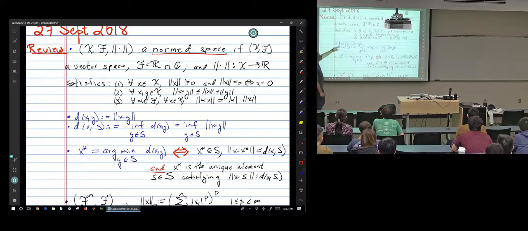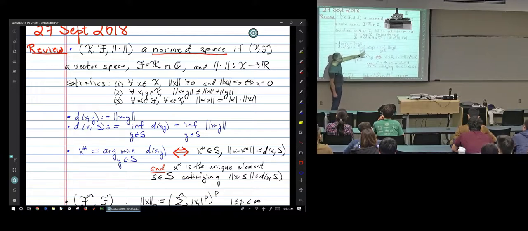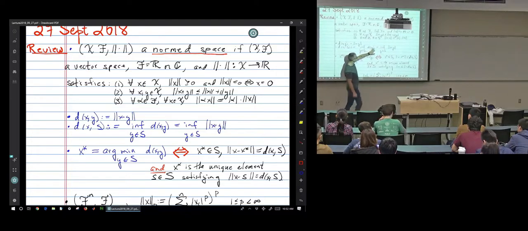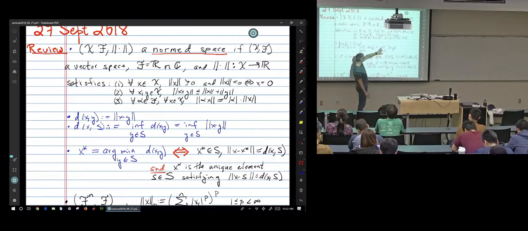We use this to define distance between 2 points. Not so interesting. Much more interesting, the distance between a point and a set of approximating vectors. So that distance is the infimum over all possible vectors in S I might use to approximate X. And you can also write it then, since we're in a normed space and not a metric space, as the infimum over Y in S of the norm of X minus Y. So it's minimizing the approximation error.